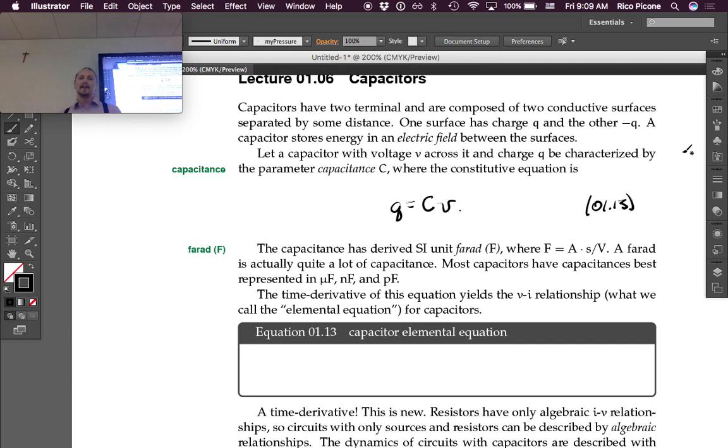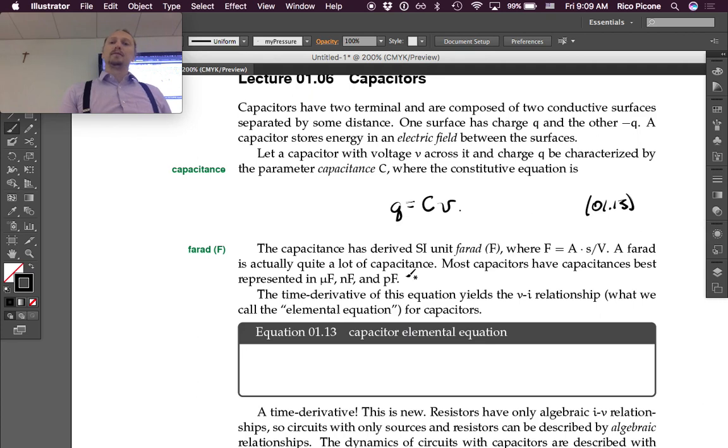The capacitance has derived SI unit farad, F, where a farad is, in more familiar units, an amp second per volt. Okay? It's pretty obvious that it would need to have that unit if you look at how it converts a voltage, the volts cancel, to a charge.